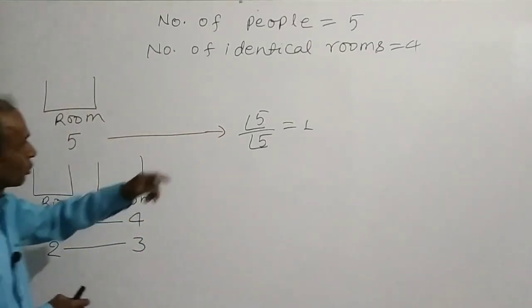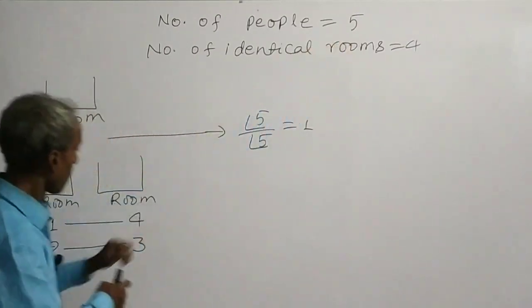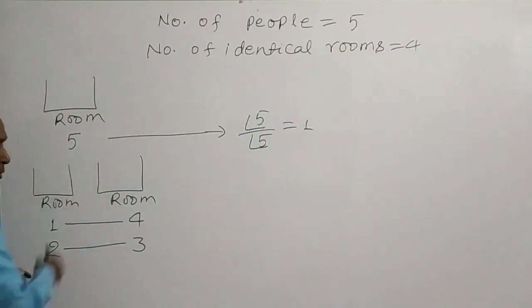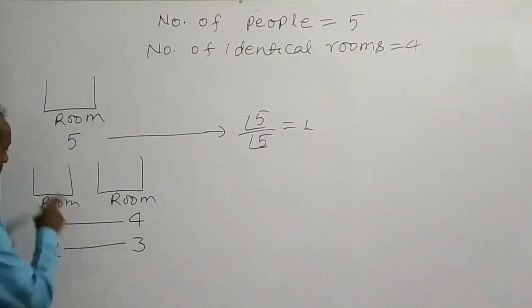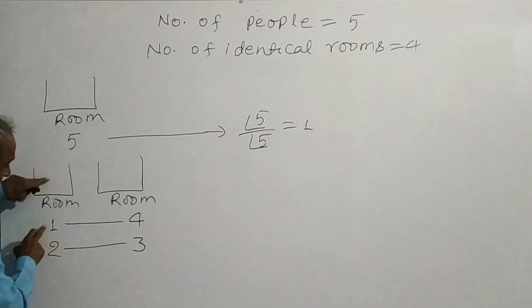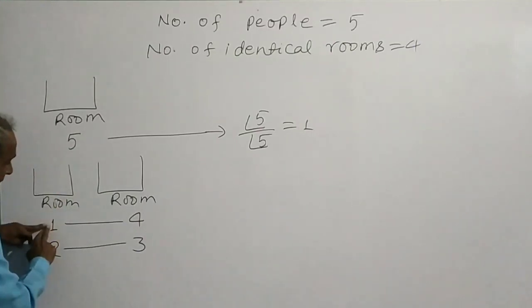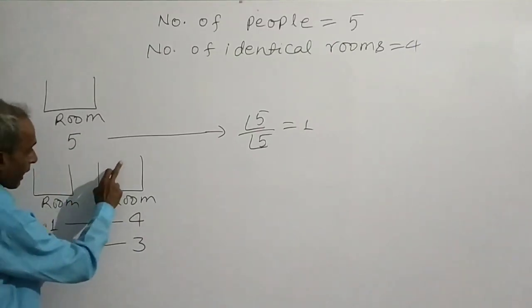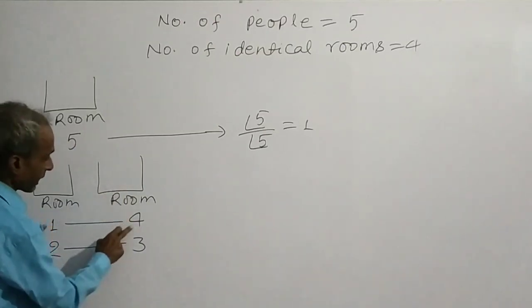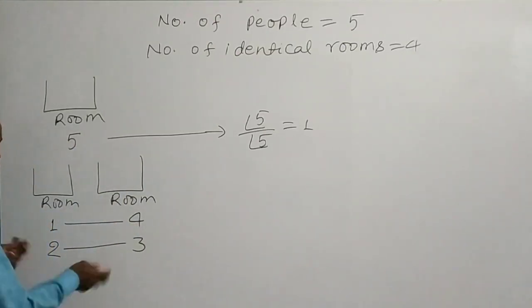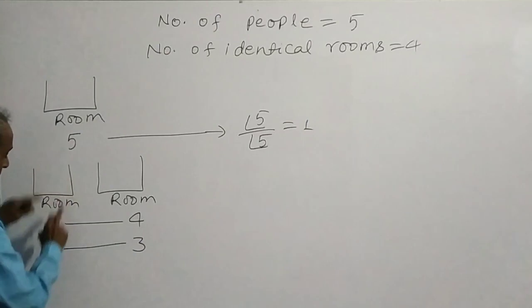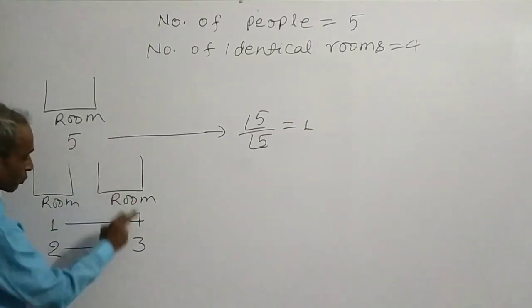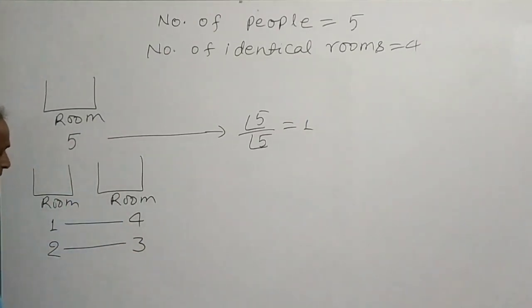When we distribute these 5 people in 2 identical rooms, 1 room can contain 1 person and another room can contain 4 persons, or this room can contain 2 persons and this room can contain 3 persons.